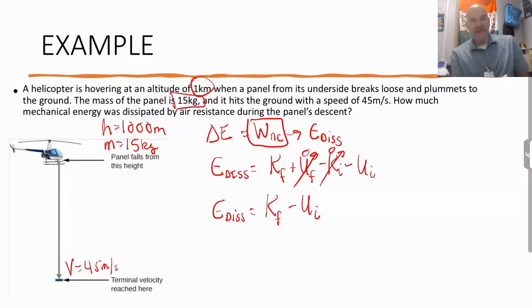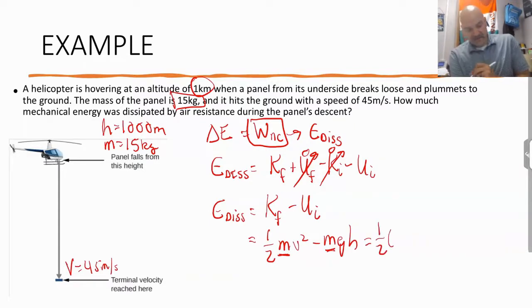Note, you did need the mass here because we're not looking for a final speed where it would ultimately cancel out. It is dependent on mass because our energies both have mass in them. So I can simply say 1/2 times 15 times 45 squared minus 15 times 9.8 times 1,000.